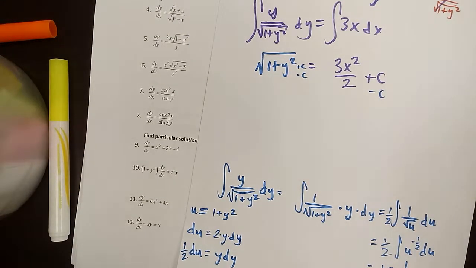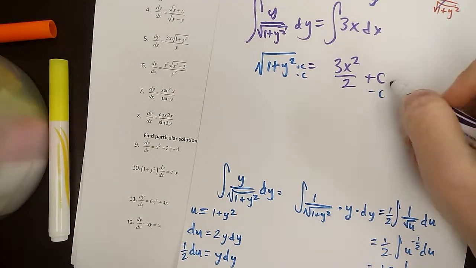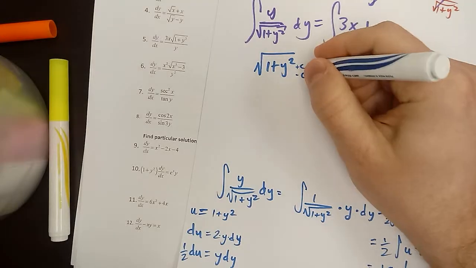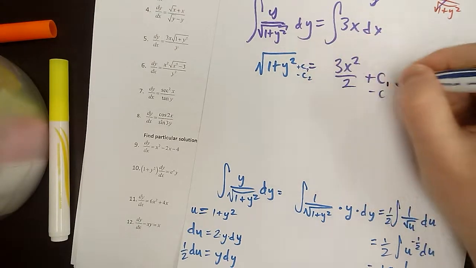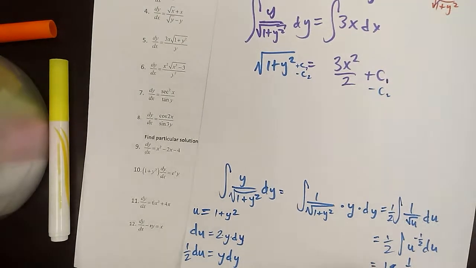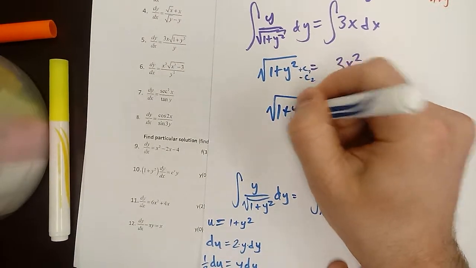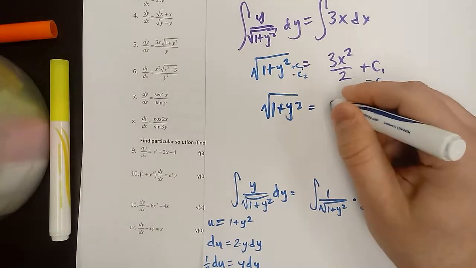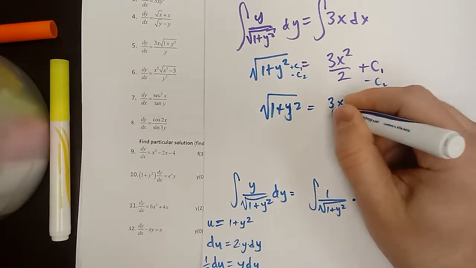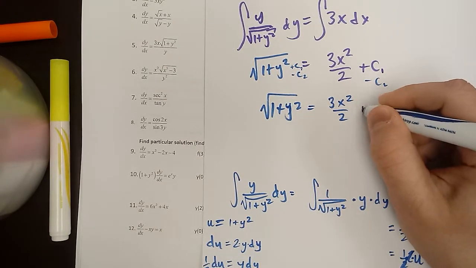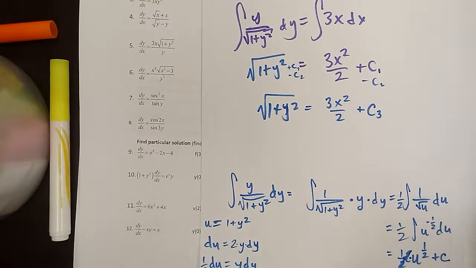But it's really like this is c1 over here, and this is c2 over here. And so c1 minus c2, we get some sort of c3. I think you can insert a stupid Star Wars joke there, c3po. But anyway, we get the square root of 1 plus y squared is equal to 3x squared over 2. I'm just going to keep writing with this lovely marker. So we could call that plus c3, some constant.